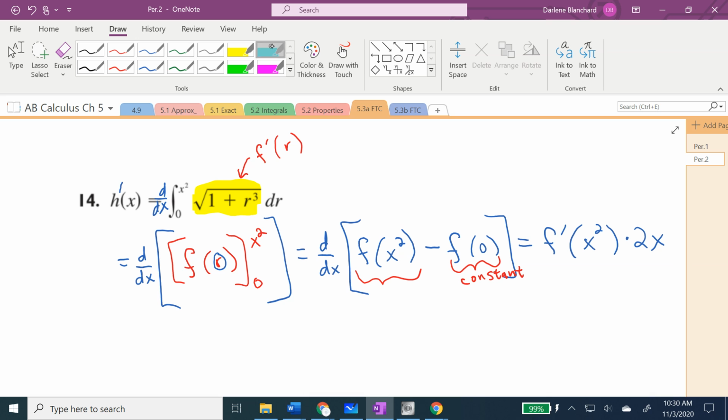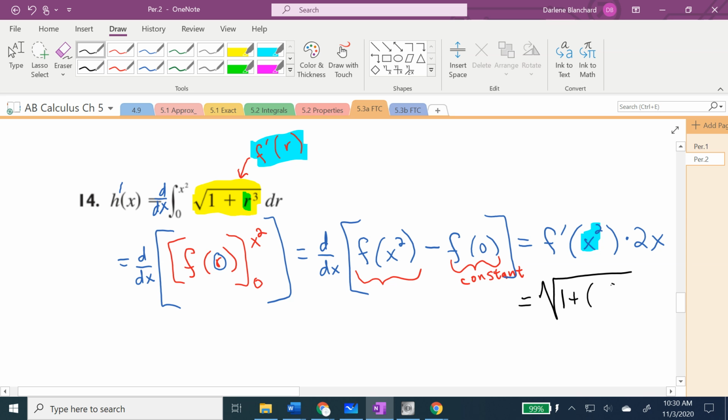Then if I go back to right here, I have a formula for f prime. And all I need to do is take that variable in that formula and plug in x squared. And that will give me the square root of 1 plus x squared to the third power.